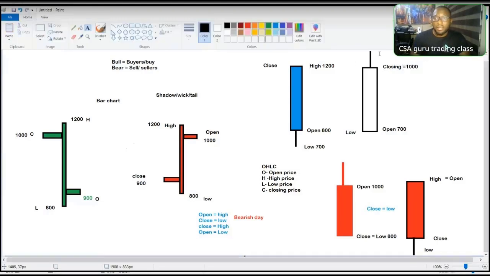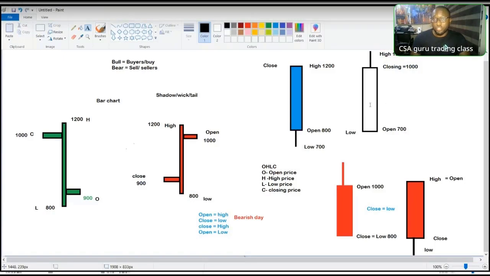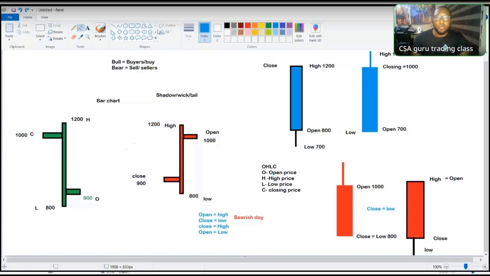Then the highest price of that day is 1,200. This is an indication of a bullish candle. If it's a bullish candle, it's meant to be green.